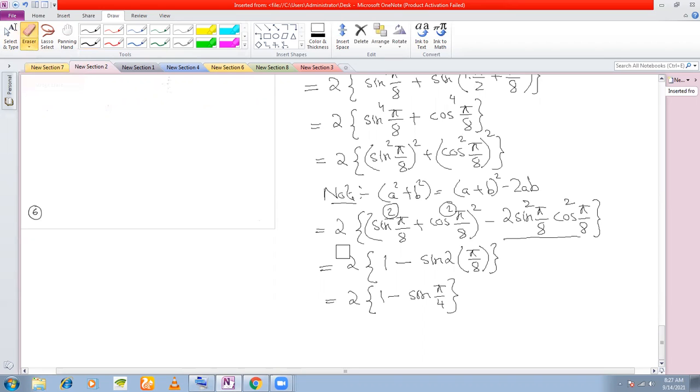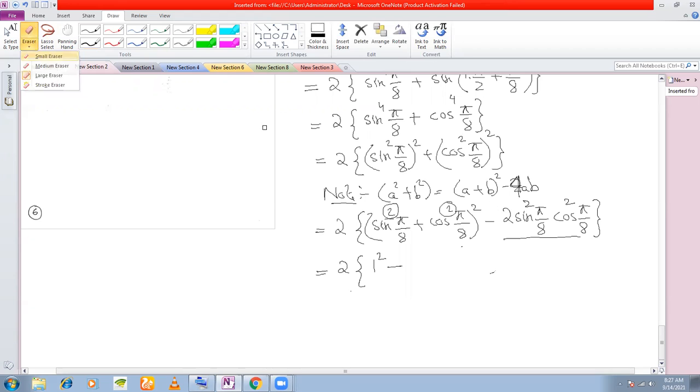So before I write it as a multiple angle formula, you can write this as 1 minus, this is 4ab, no? A plus b whole square minus 4ab. So this should be 4. Yes.